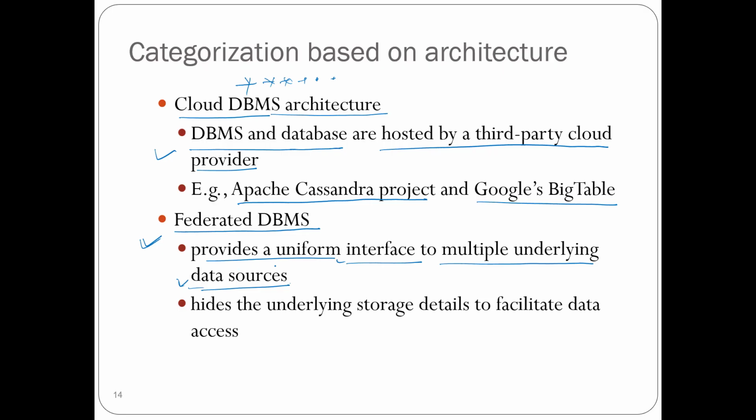Federated DBMS hide the underlying storage details to facilitate data access. So in plain and simple words, federated DBMS make data access extremely convenient where our data is coming from very different resources.